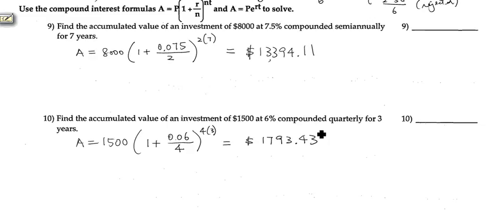Is that right? Everybody got that answer? Very well. So it's 1793.43. So be careful. All right. Sometimes you must have a dancing shoe. Without the dancing shoe, it will become very, very challenging.